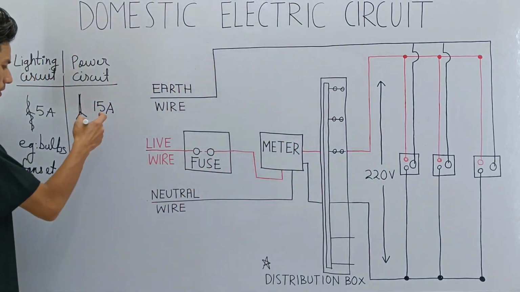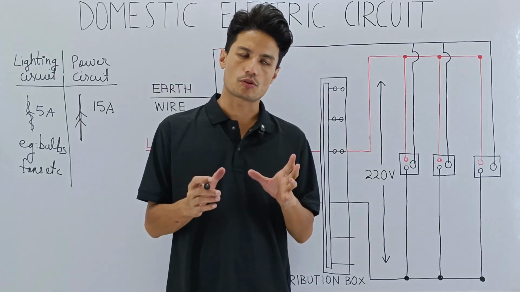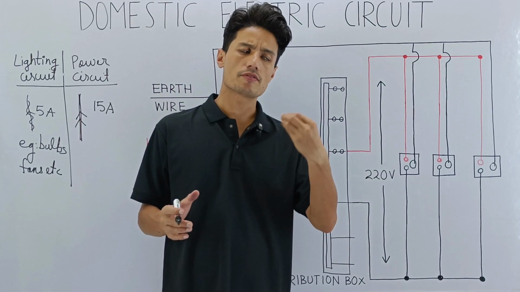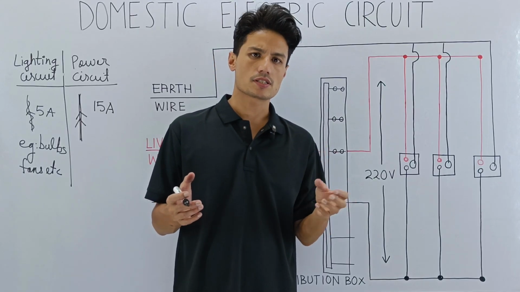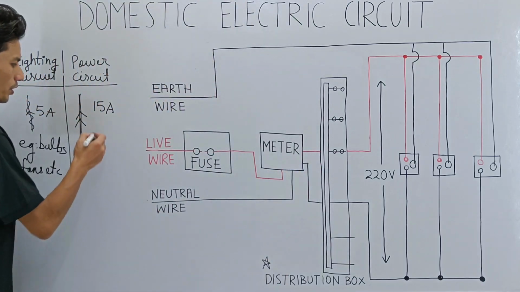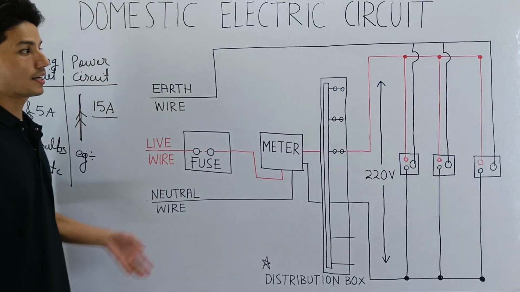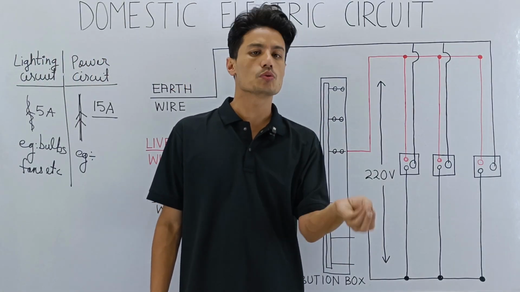Whereas the power circuit is for operating those electrical devices which require a high value of current, a huge amount of current. So the current flowing here is 15 amperes. The appliances connected will be those which require high current to function.